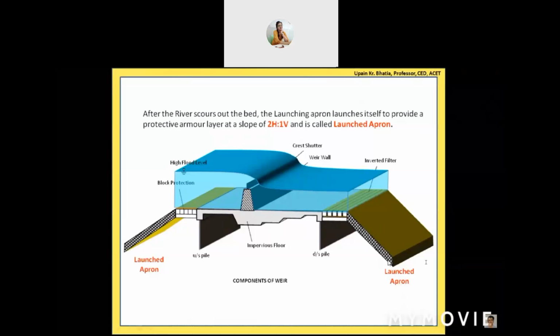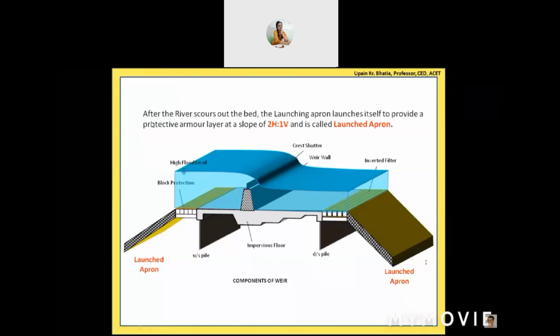So these loose stones can go even deeper, and the exact layer may not be maintained in future. So we keep on adding more and more stones over here, so that in case of floods, the launching apron keeps its function on, and it keeps protecting the entire structure.